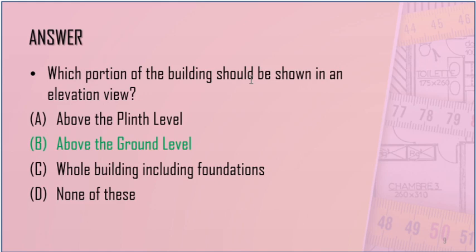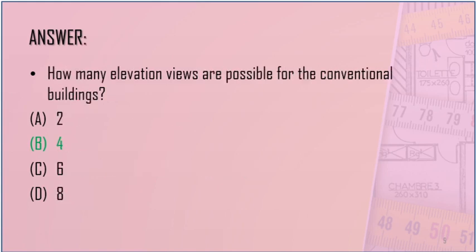And obviously the projection should be horizontal, so you will be standing on the ground level. If you are outside the building, then you should see the building from the existing ground level, not below the foundation, nor only above the plinth level. So it will be above the ground level. Okay.